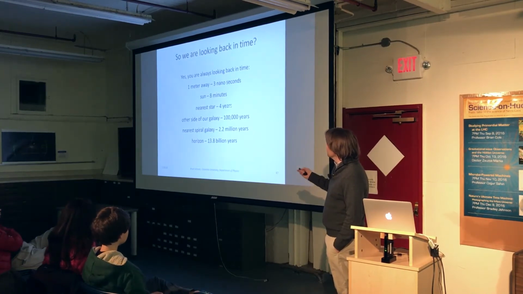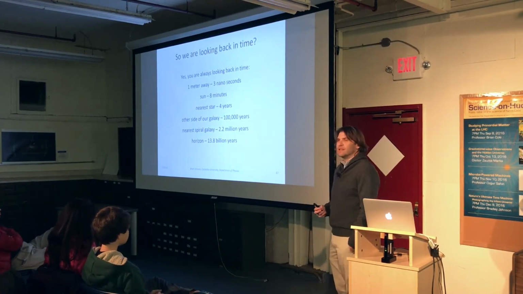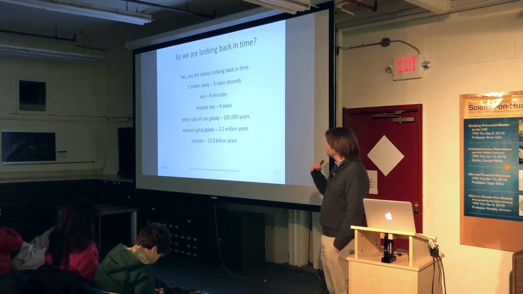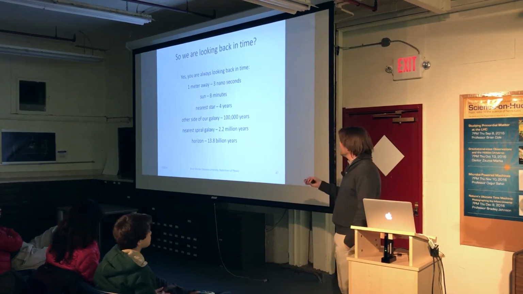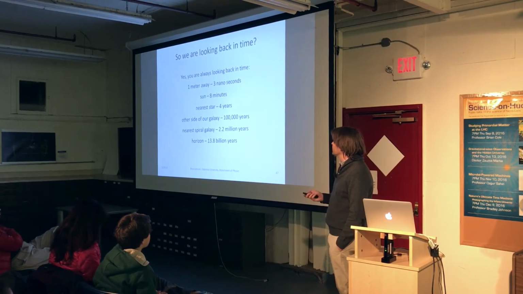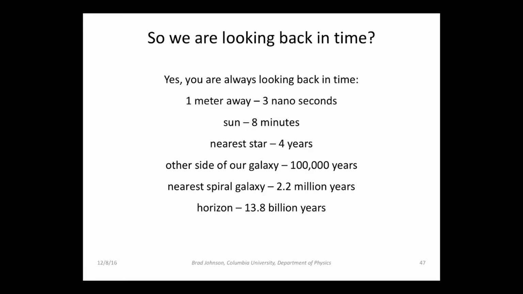Okay? The other side of our galaxy is about 100,000 light years away, so that light, just even inside our own galaxy, takes about 100,000 years to get to us. The nearest spiral galaxy is about 2.2 million light years away, so we're seeing that way in the past. And the horizon of the universe, the cosmic microwave background, is 13.8 billion light years away.